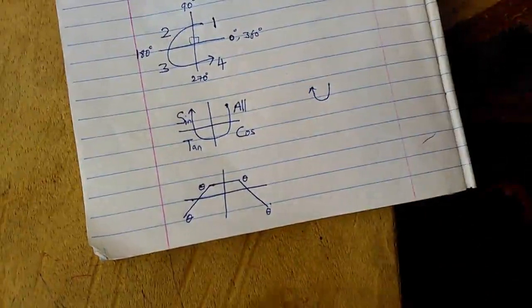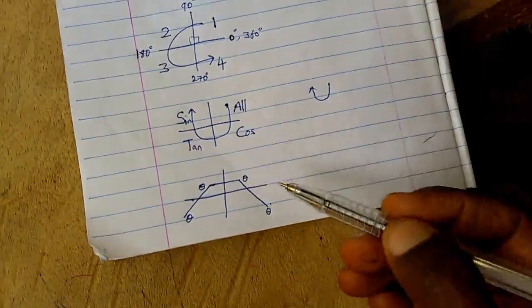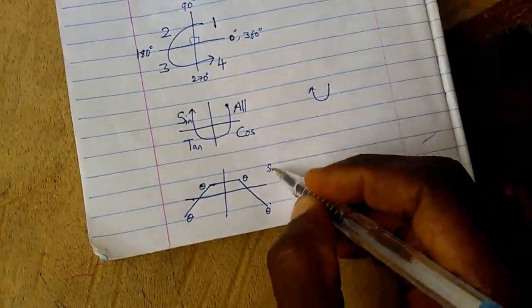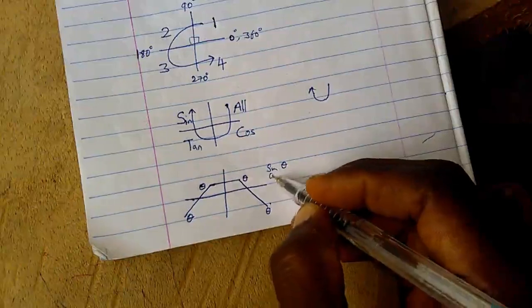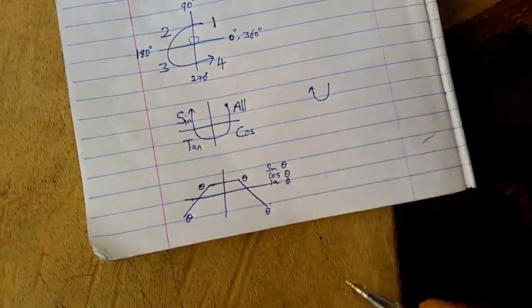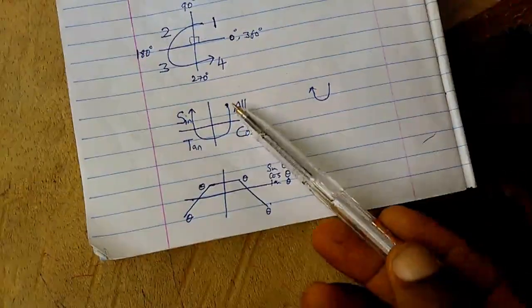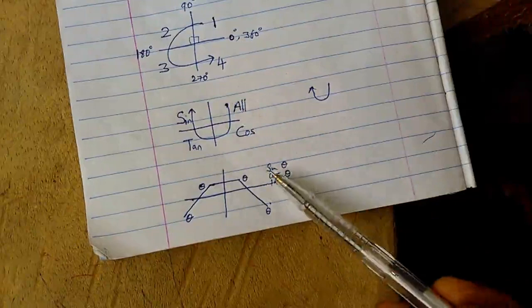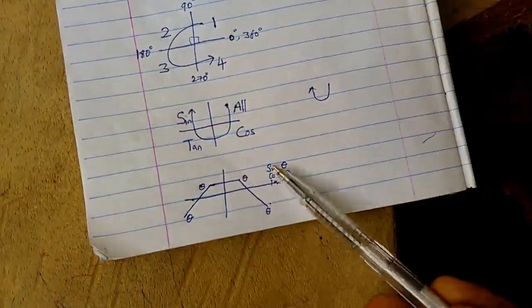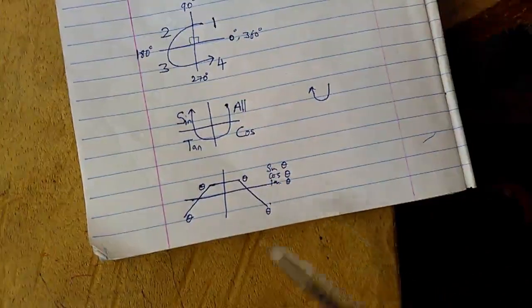Now, for the first quadrant, it's just theta. When you talk about the angle, it's just sine theta, cos theta, tan theta. You just use theta directly. And you remember, the second code tells us that in this quadrant they are all positive. So anything you are doing here is plus sine theta, plus cos theta, plus tan theta.